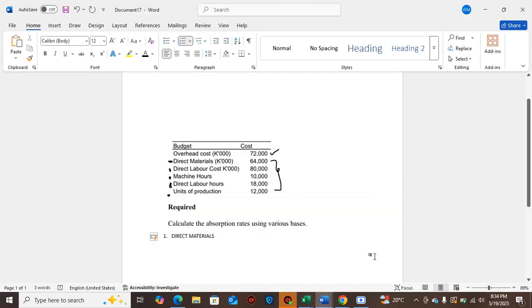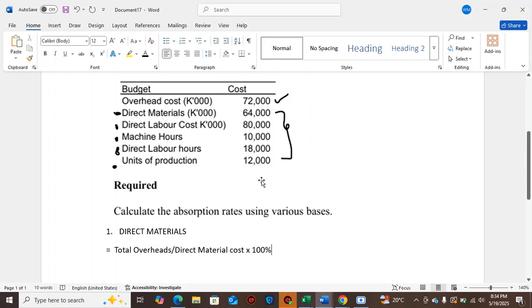So the total overheads are 72 million. Direct materials, 64 million.